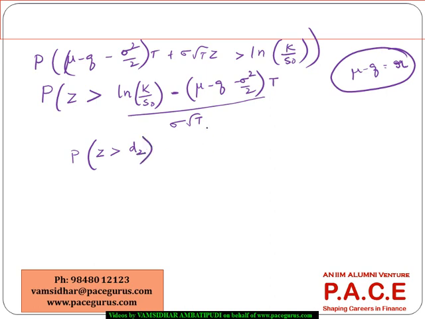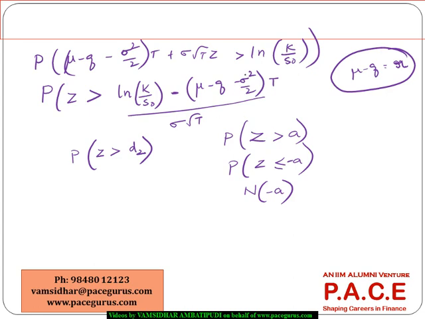Otherwise, it is Z greater than some value a. So when I take Z greater than a, I could find it. In the normal case, I can write that this is the probability of Z greater than a, or probability of Z less than or equal to minus a. Probability of Z greater than a is nothing but the probability of Z less than or equal to minus a, and I could very well write it as N of minus a as well.